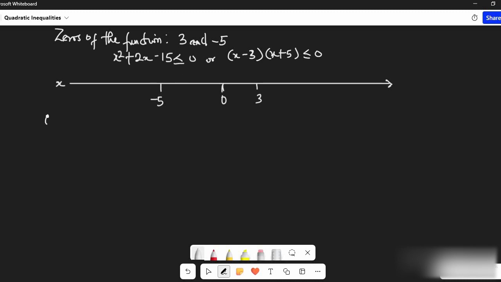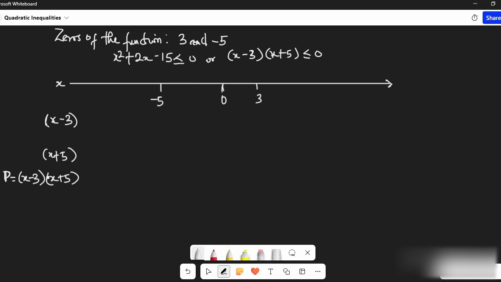So next we write out our factors. The first factor is x minus 3, and the other factor is x plus 5, and the product of those factors, which I'll call p, is x minus 3 into x plus 5.